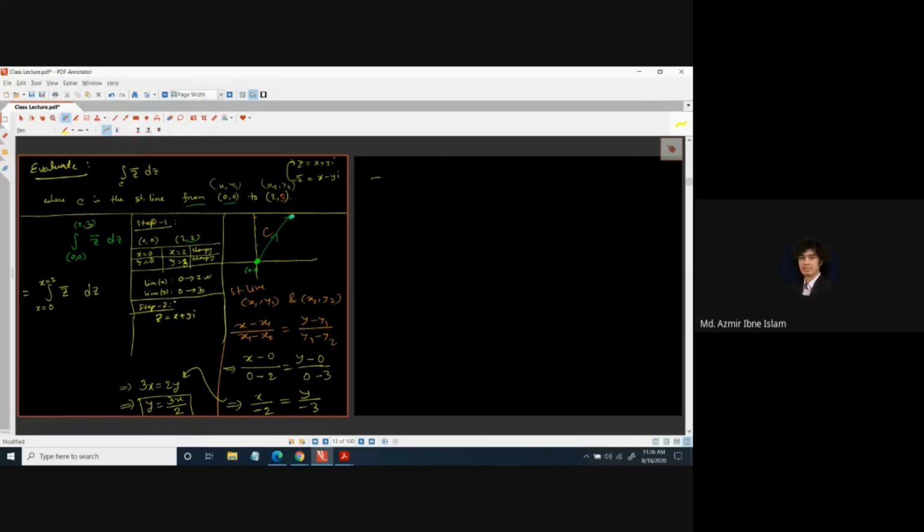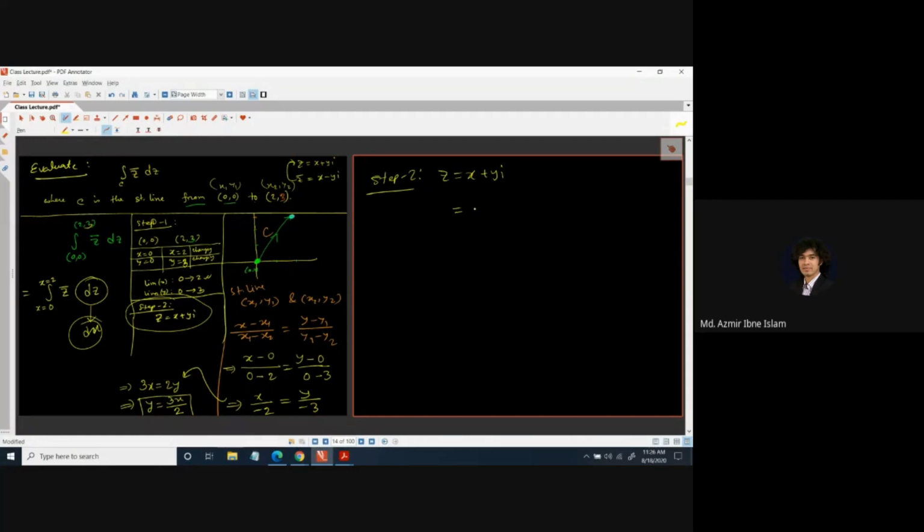So I am going to work with step 2 now. Our target is to convert dz to dx, because we have taken the limits of x. So in step 2, we have the base form z equal to x plus yi.